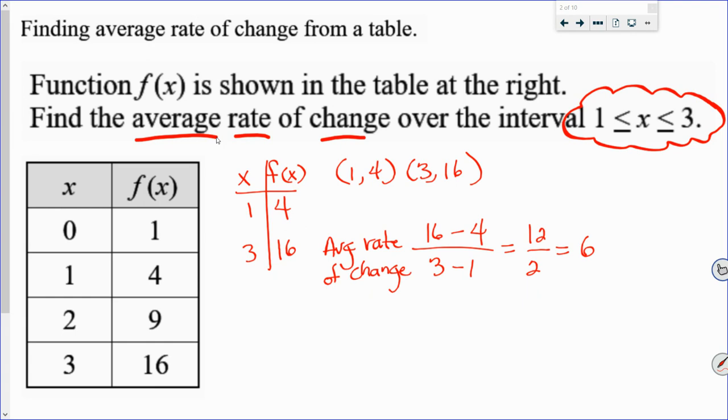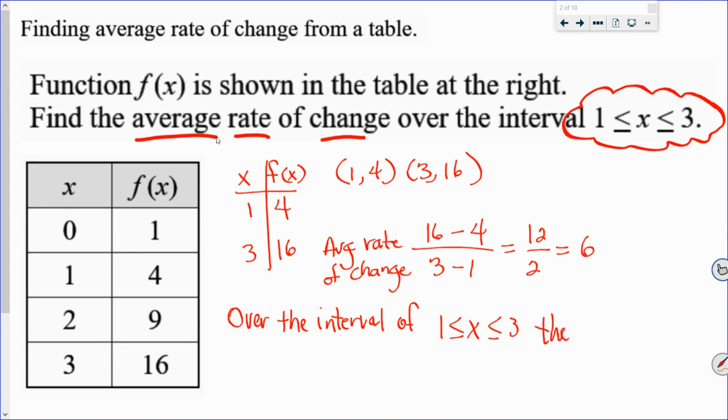Now it's an average. It's not perfect, just an average. So I would say, well, over the interval of 1 to 3, and I would say it this way: 1 is less than or equal to x, less than or equal to 3.